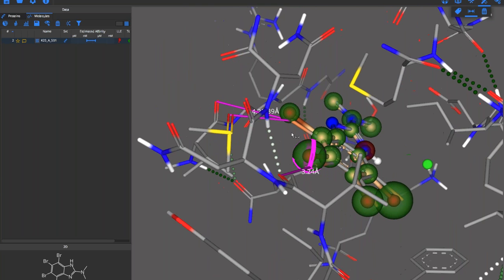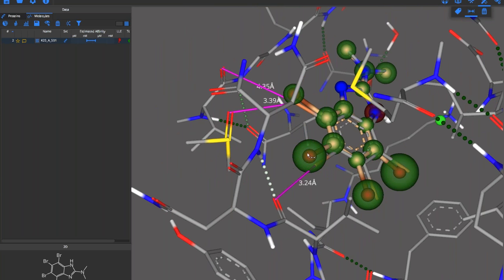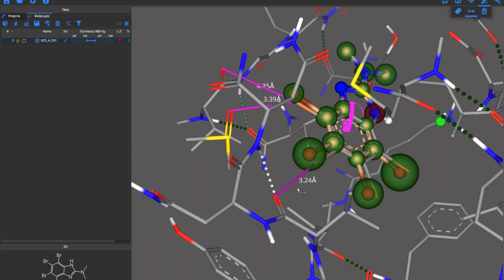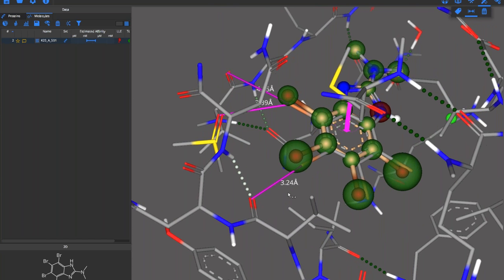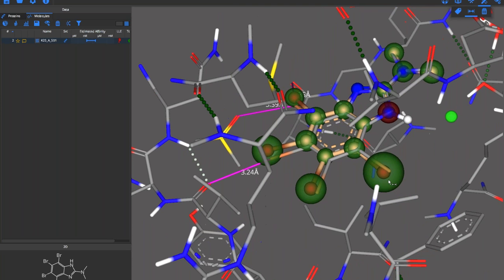This might actually be some sort of halogen bonding for this atom. A little bit shorter distance, the angle seems to be valid. So in this case, we actually might have some sort of halogen bonding present. If we look at this one, this contributes the most through the dehydration.